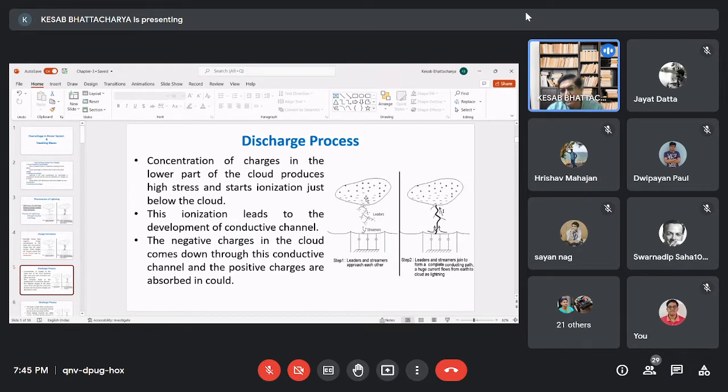And since in the lower part of the cloud there is concentration of negative charges, the electric field strength will be higher there, and if it exceeds the breakdown strength of air, then ionization of air just below the cloud will start.